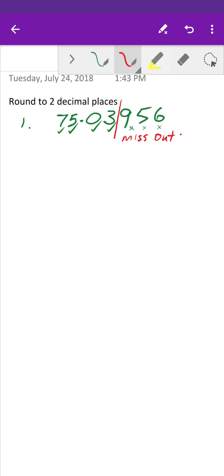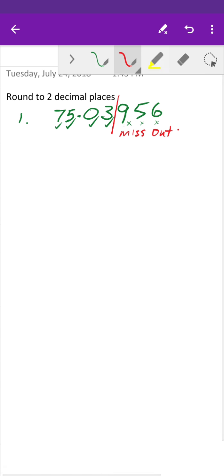Now, to round off to 2 decimal places means to look at the first number that misses out. And the first number that misses out is a 9. If this is greater than or equal to 5, once it's halfway, then we have to round up.